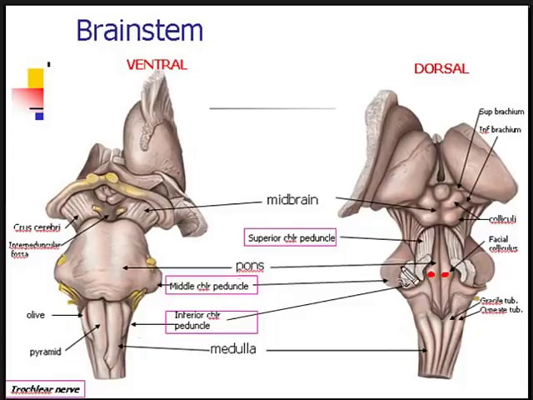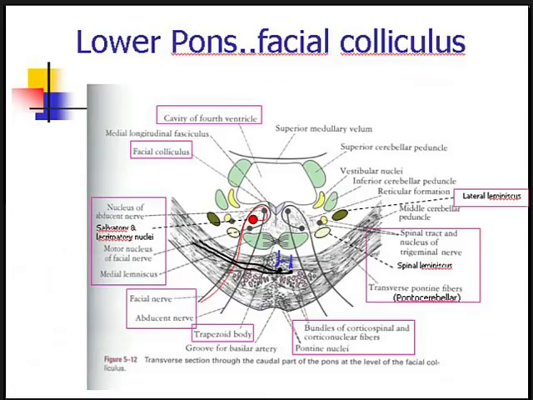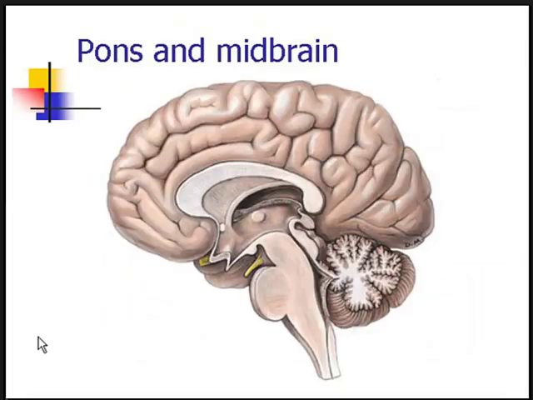Now let's look at the sections of the pons, and we take the sections at two levels. The first level is at the level of the facial colliculus. So let's go here. Somewhere here at this point is where the facial nerve is, and it's going to raise a little bump here.